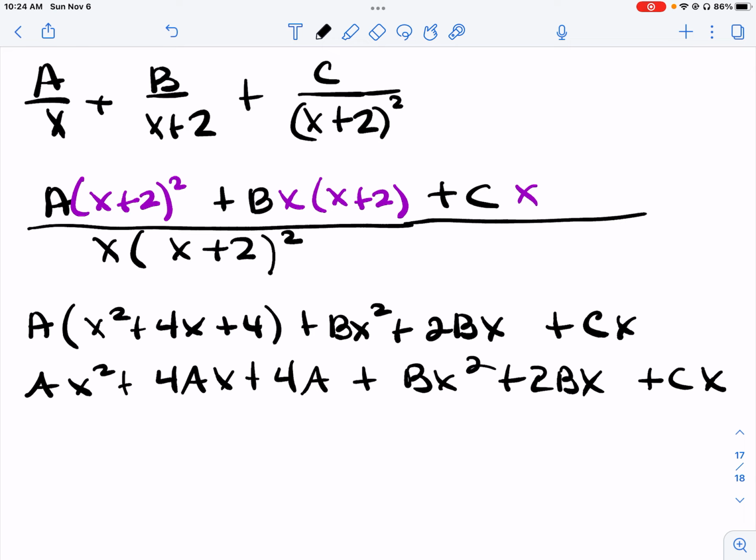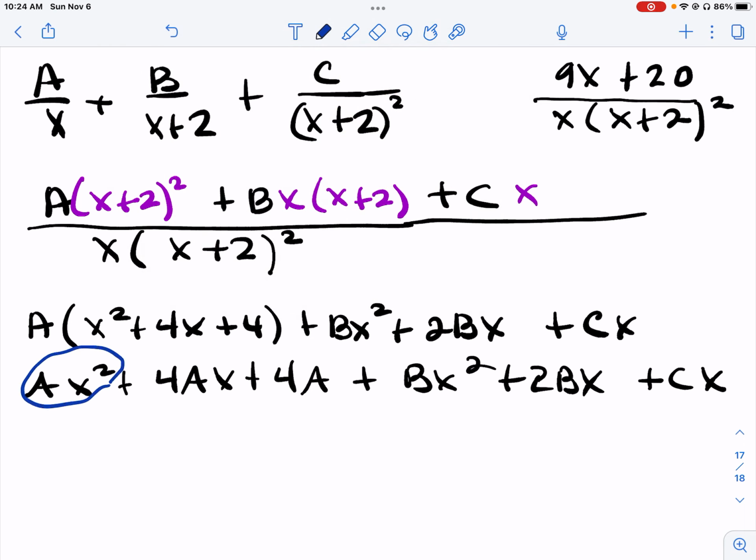Okay, so remember the original thing was 9x plus 20. Okay. So, since there's no squares, what do we know? There's no squares in 9x plus 20. We know a plus b equals 0.